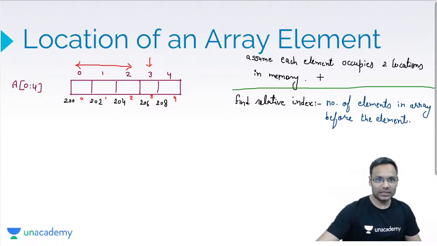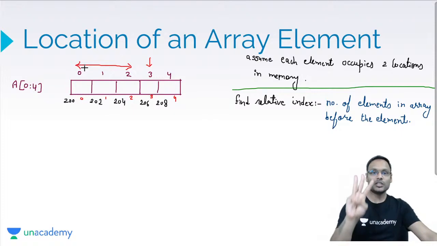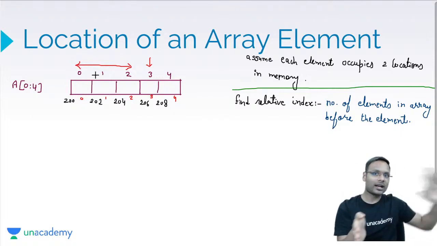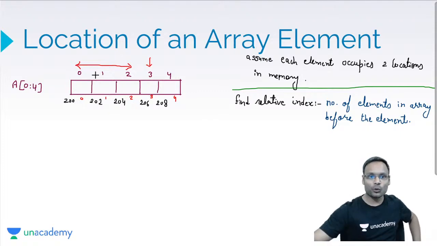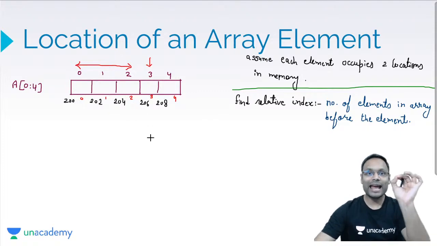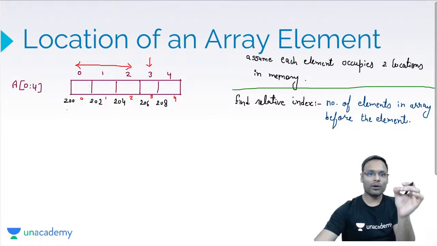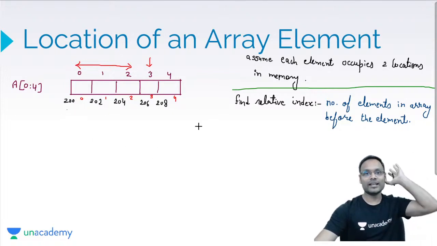So 3 elements each occupying 2 locations, total 6 locations are gone. That is my actual displacement: after 6 locations from the base address the element with index 3 is present.